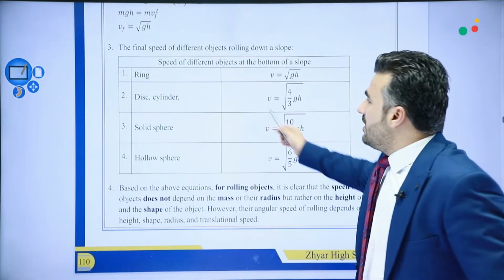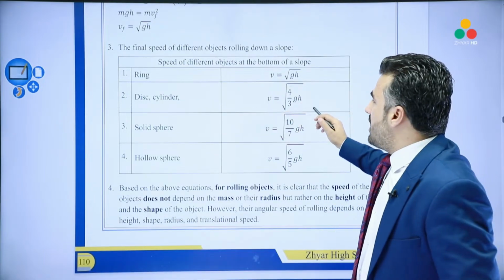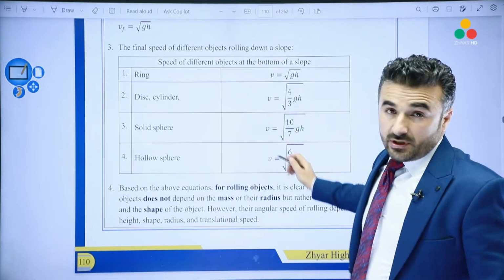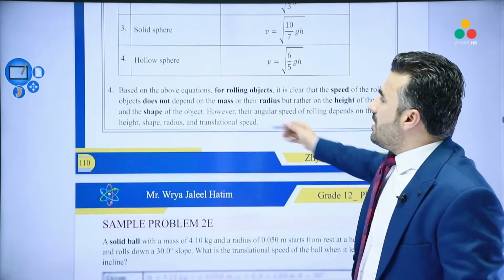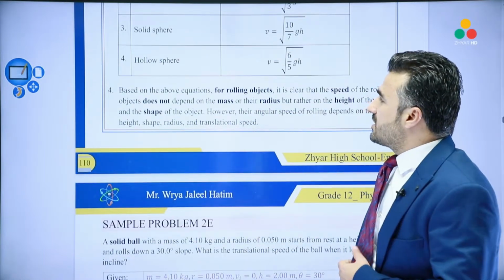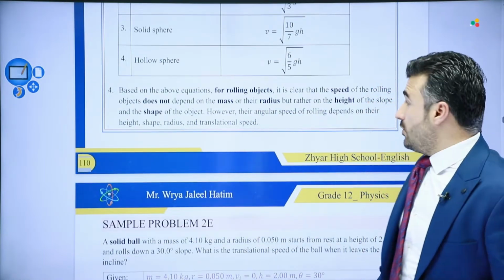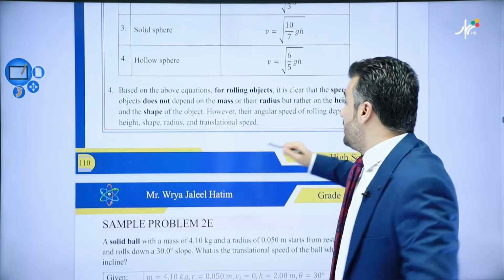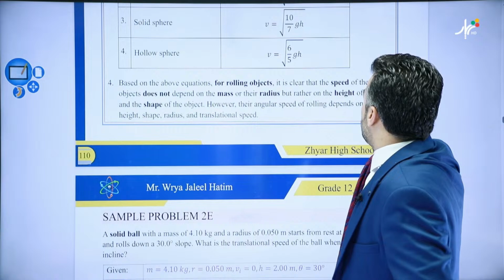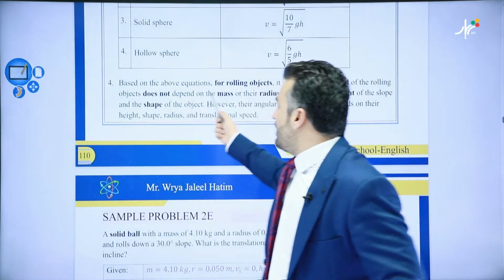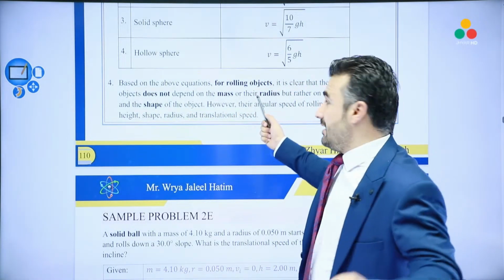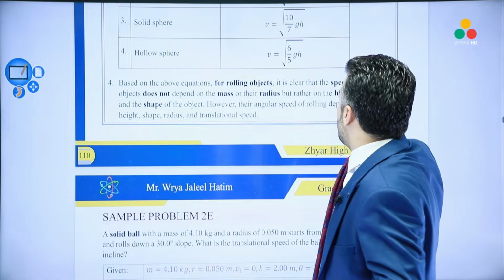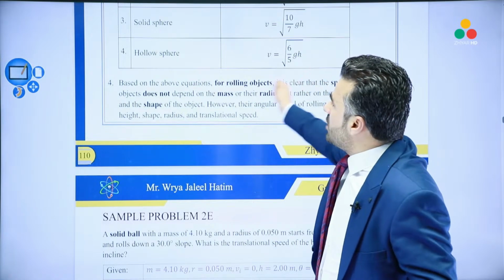You can see here that these are all 3 or 4 different shapes, of course. There is the 4th note, it says, based on the above equation, that is what we have said. For a rolling object, it has to be rolling, it has to be rotating. It is clear that the speed of the rolling does not depend on the mass or the radius, but rather the height and of course the shape as well.